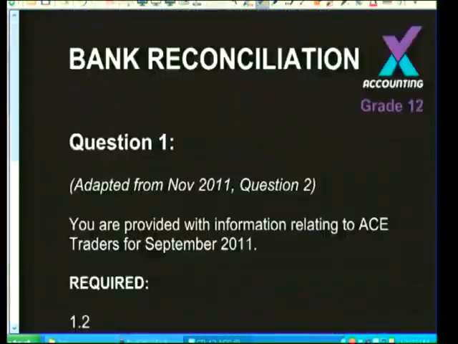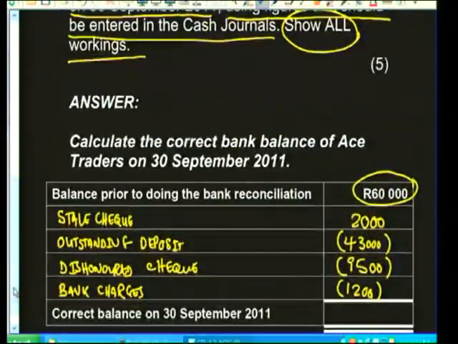And therefore, by the rule of prudence, do you remember your prudence concept? You accept any losses, but do not anticipate any future gains. As a result, we have said, fine, we're going to assume that there's a problem with that 43,000, and that is why we are reversing the 43,000. That's the reason you see it entered there.